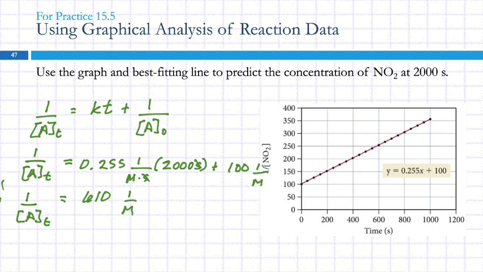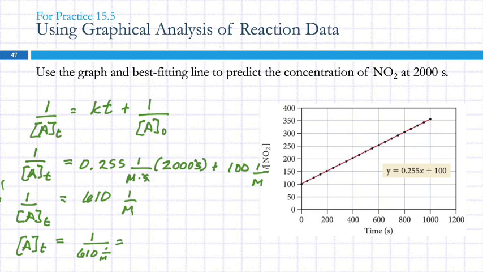How do we find out what A of t is? Here we have the reciprocal. We want to turn this upside down. We want to take the reciprocal of this to get A of t. So we're going to take the reciprocal of the other side: 1 over 610.